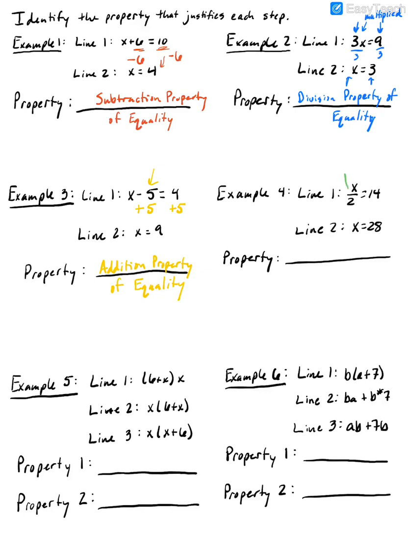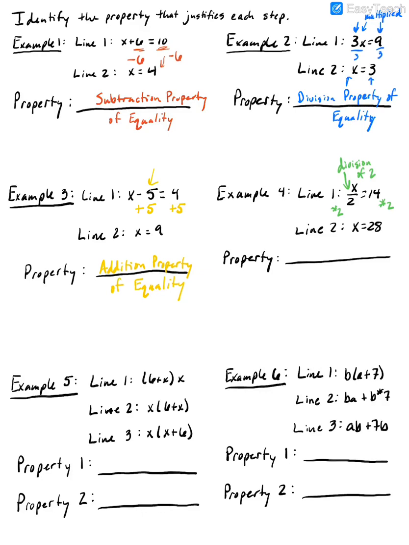So for this one, I see division of 2. And so if you think about 14, how would I get to 14 using a 2? Because I kind of have been doing that to both sides. So if I undo division with multiplication, that would easily get me to 28.